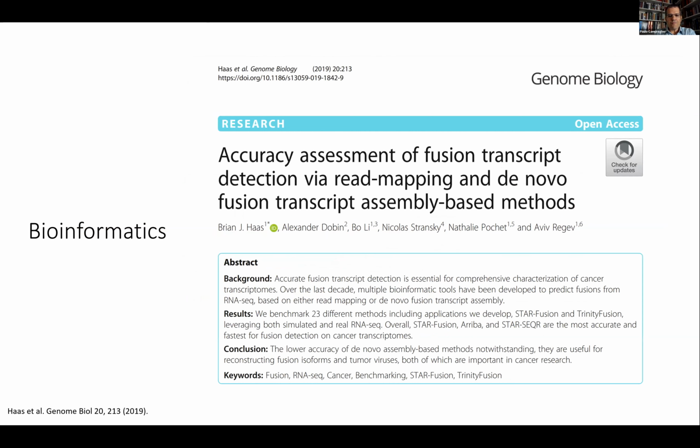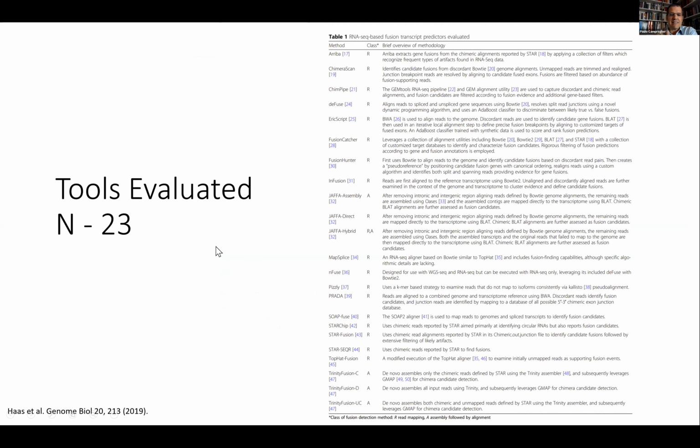All right, so talking a little bit about bioinformatics, right? We have several different tools for looking at RNA-seq data and finding fusions. And this is an interesting paper published 3 years ago. They compared 23 different tools for detecting gene fusions in RNA-seq data.